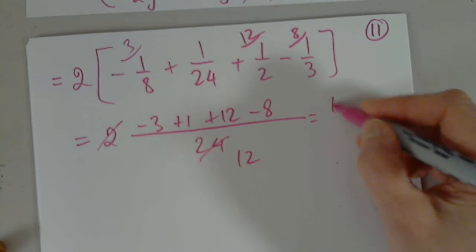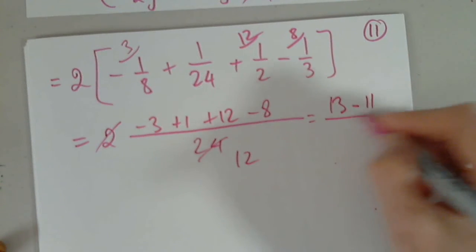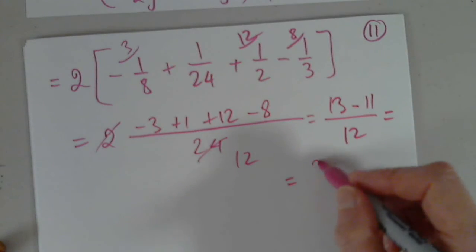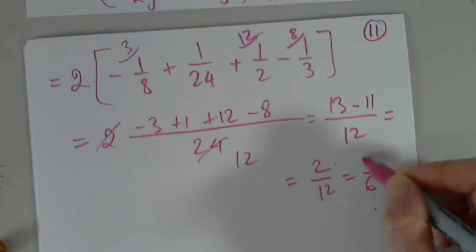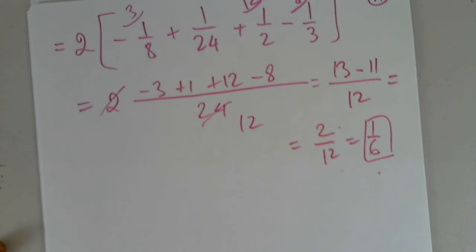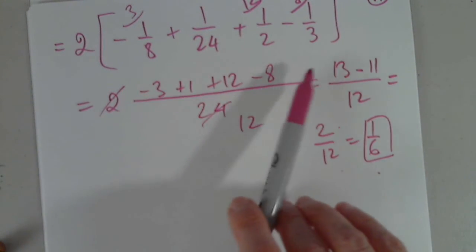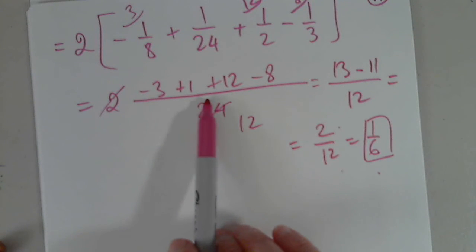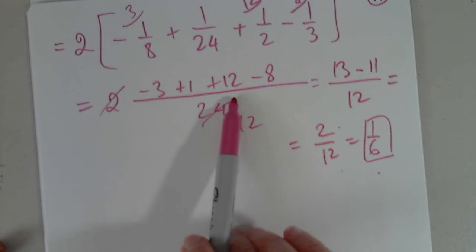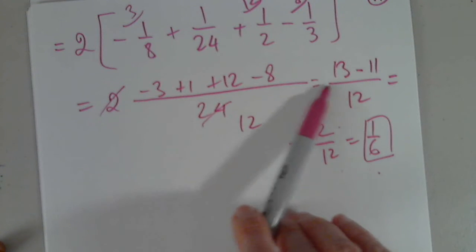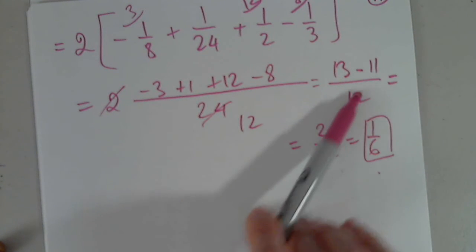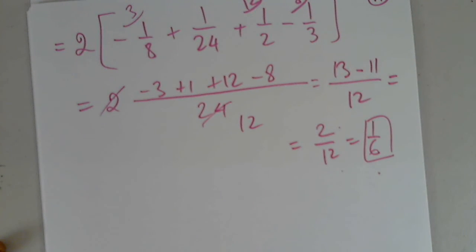That's 13, and I think it's minus 11 over 12, and I think it's 2 over 12 or 1 over 6. Let me see if I skipped anything or missed anything. I hope not. Negative 3 plus 1 plus 12 minus 8. So this is 13 indeed. This is negative 11. So I got 2 over 12. I think I'm okay.